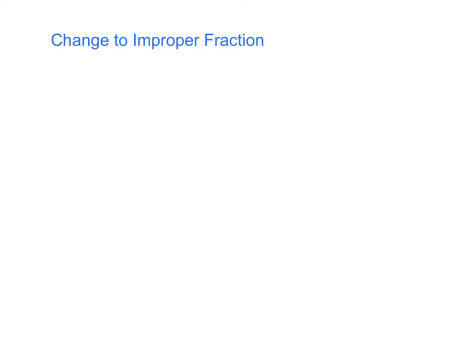Alright, another way of subtracting mixed numbers, instead of having to borrow from the whole number, if you find that confusing, you can actually just change it to an improper fraction. So I'm going to do 8 5/12 minus 3 3/4, and I'm going to change this to an improper fraction.